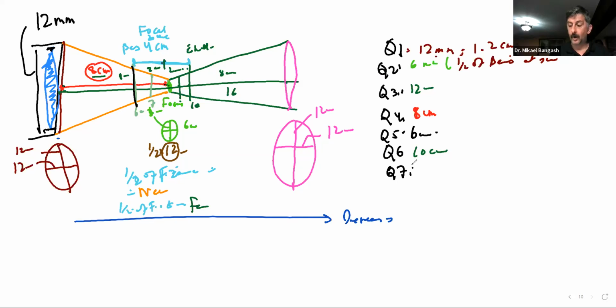The only one that makes sense here is at a depth of 6 centimeters. Because beyond this point, the beam is still narrowing. At 8 centimeters, your beam was at its narrowest.